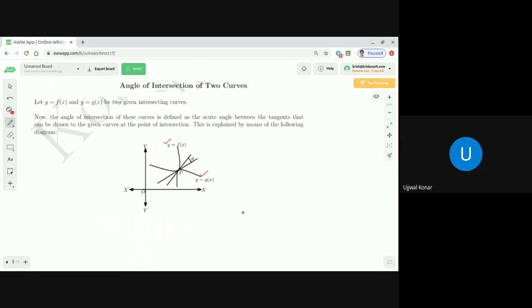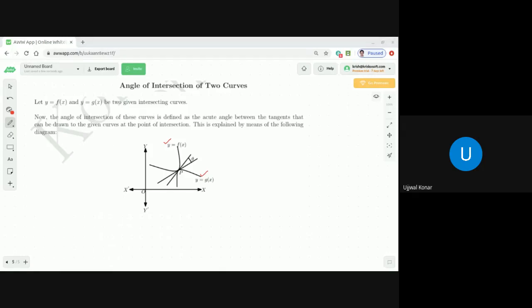Now the angle of intersection of these curves is defined as the acute angle between the tangents that can be drawn to the given curves at the point of intersection.